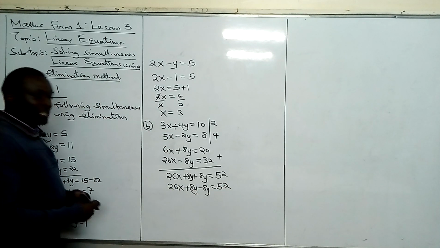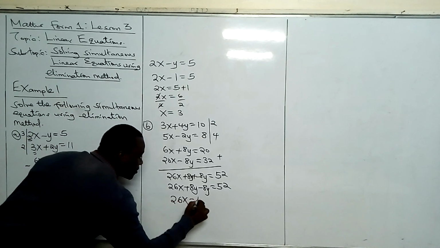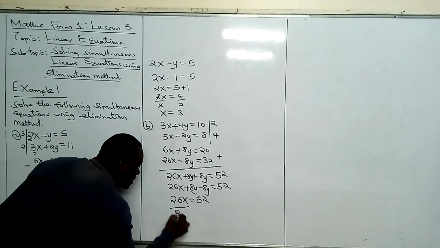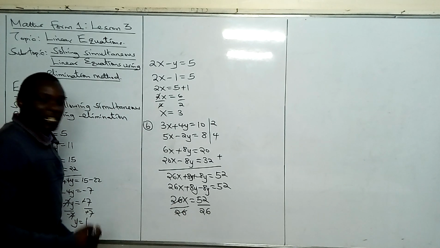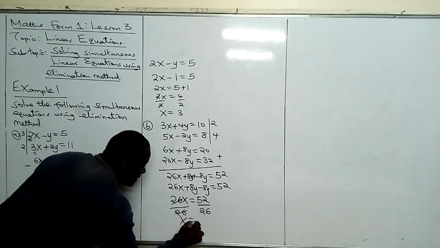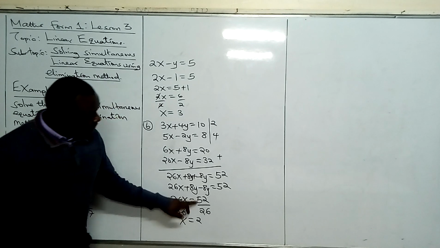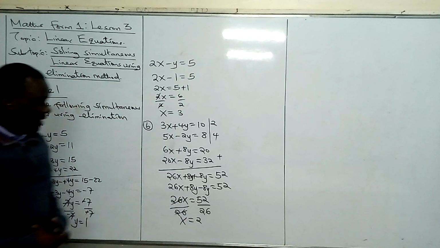Now y will be eliminated. In that case, we will remain with 26x is equal to 52. We divide by 26, we divide by 26. 26 and 26 cancel, leaving us with x as 2, because 52 divided by 26 is 2. Now we have obtained the value of x.